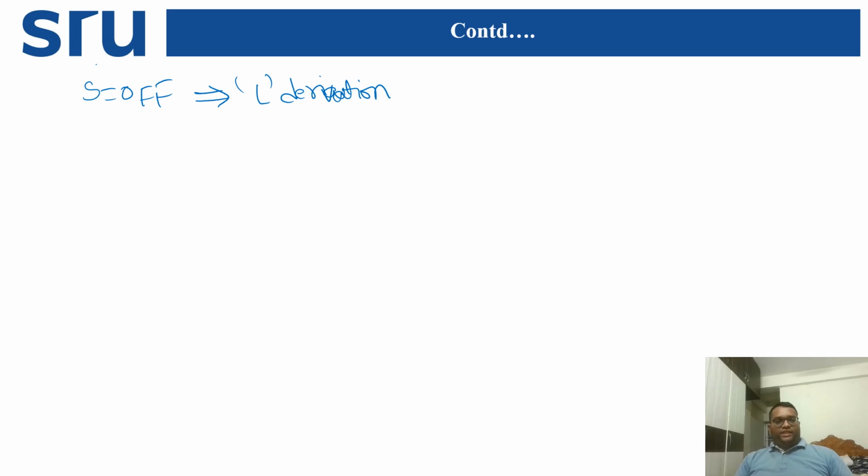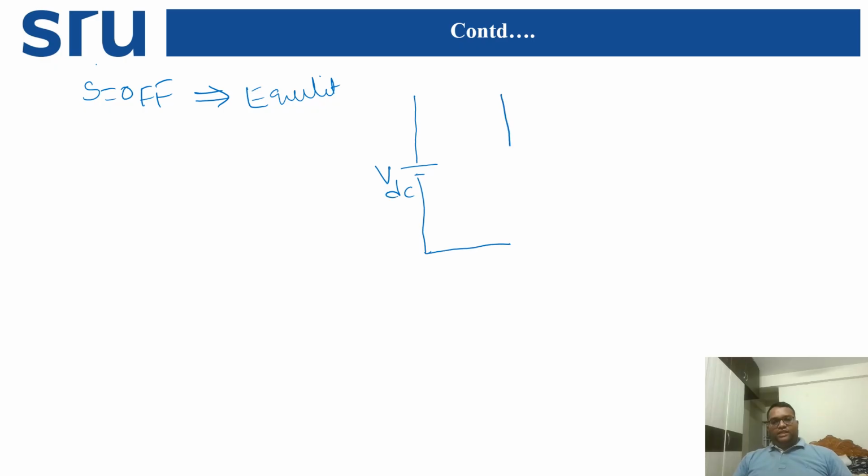As we know from the circuit, first we have to take the equivalent circuit, and only then can we derive the L value. So under the switch off condition, let us derive the equivalent circuit. This is the source. The switch is completely off, meaning it is completely removed from the source, and the diode is short circuited. That we have to represent here.